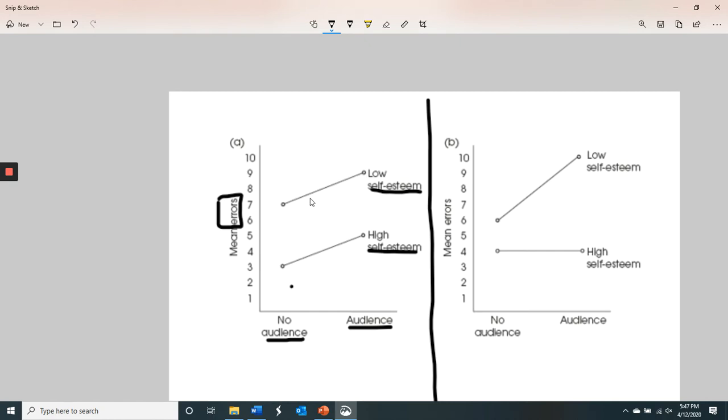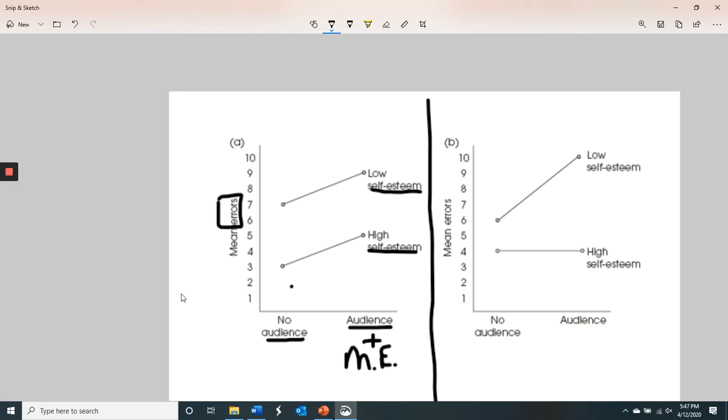So this line goes up. If we sort of average this, the line goes up. So audience is causing more errors. So there looks to be a main effect here: having an audience, you make more mistakes versus no audience.